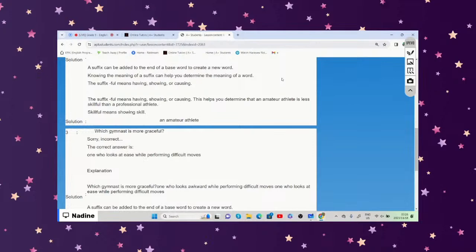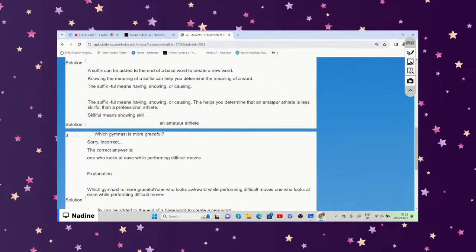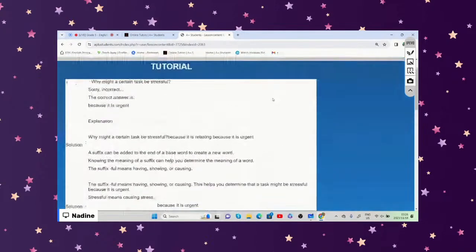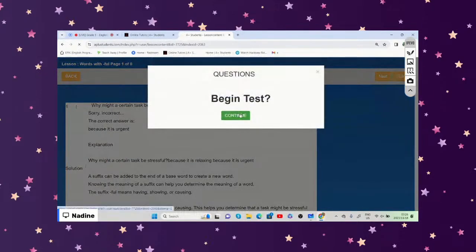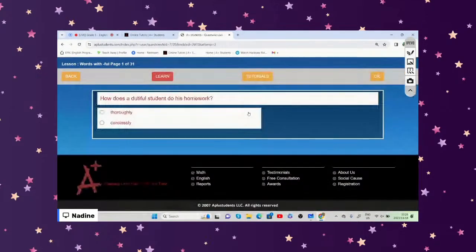And which gymnast is more graceful? It's the one who looks at ease while performing difficult moves. All right. So now let's go on to the test. How does a dutiful student do his homework?